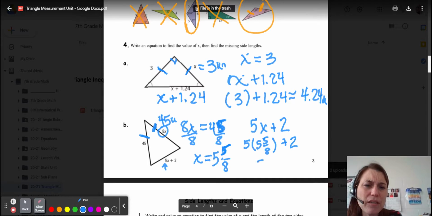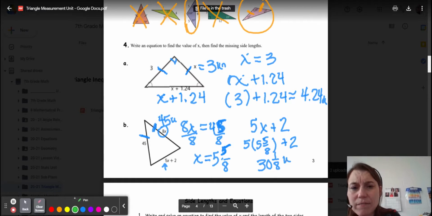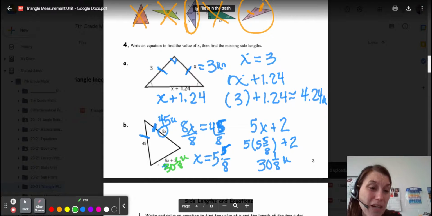And I get 30 1/8 units. So that means that this side here will be 30 1/8 units. And as I look at that, I want to think to myself, does it make sense that that side's shorter than the other two sides? Well, it looks like it should be shorter, so it kind of makes sense. So I think I'm good.